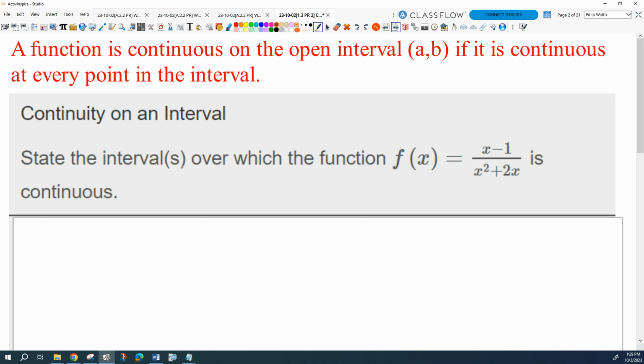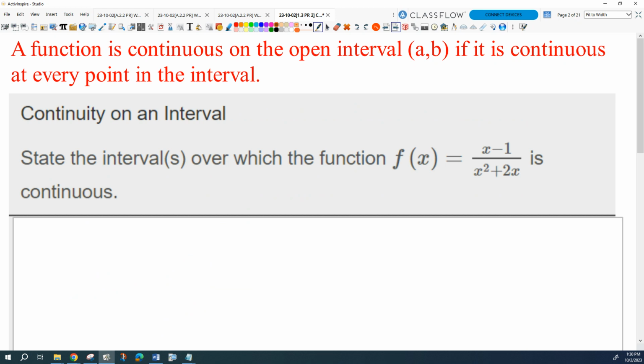The easiest way to state the intervals where a function is continuous is to find the finite number of places where it's discontinuous. You guys told me the answer to this, I believe, before we left on Friday. At what values of x is this function discontinuous? 0 and -2, right? How come?